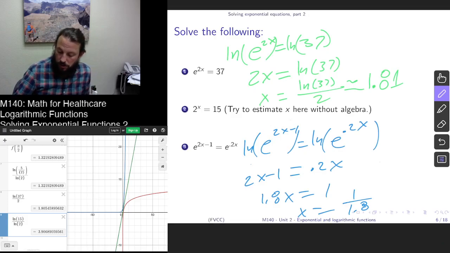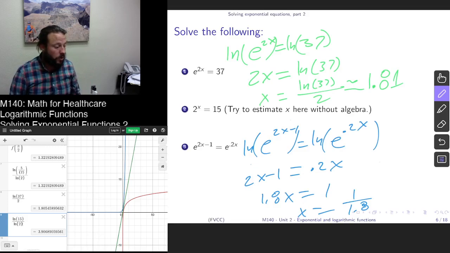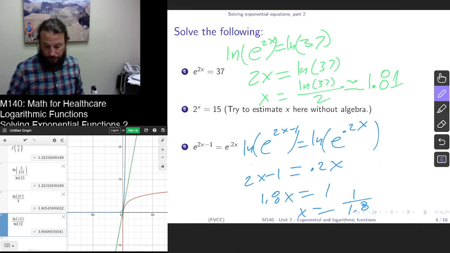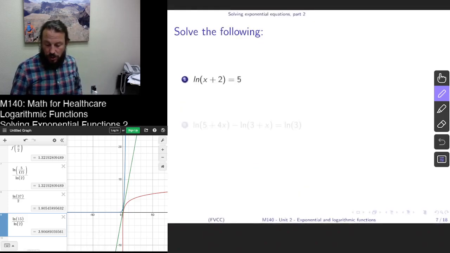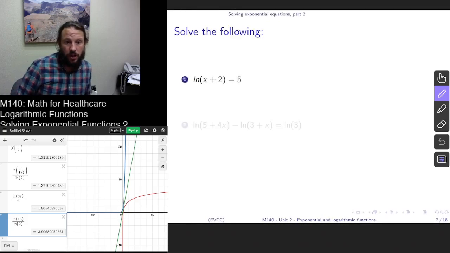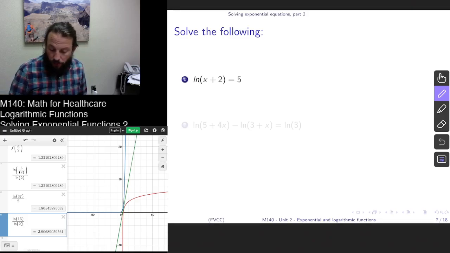All right, so that's basically how to solve exponentials. In the next video, we'll look at application problems and come back to that compounding interest one where we want to know how long it took us to get to $10,000. But first, what about things that are modeled in natural log? For instance, natural log of x plus 2 equals 5.